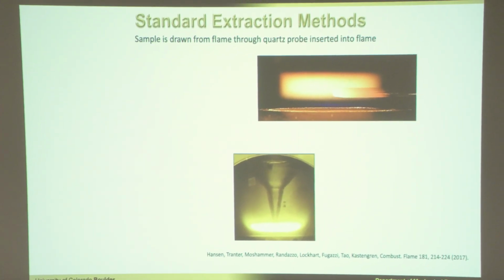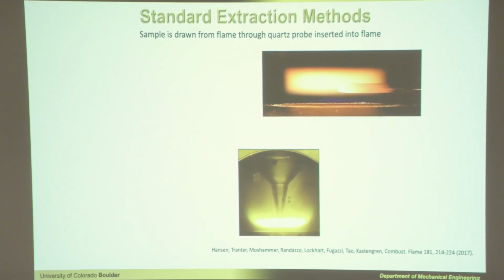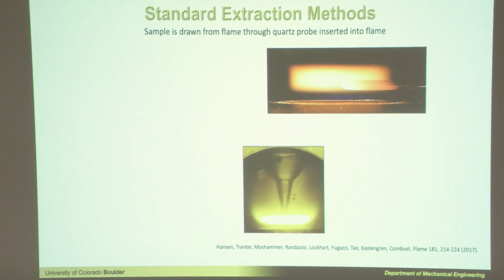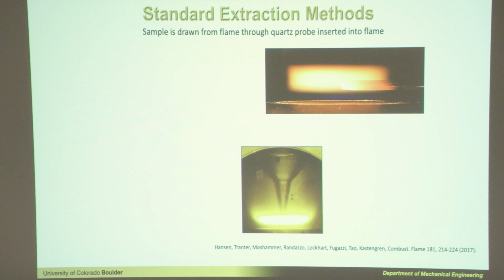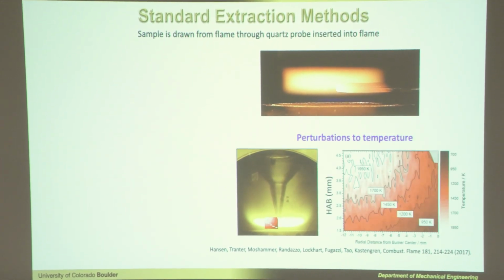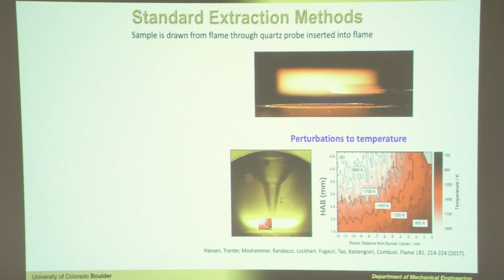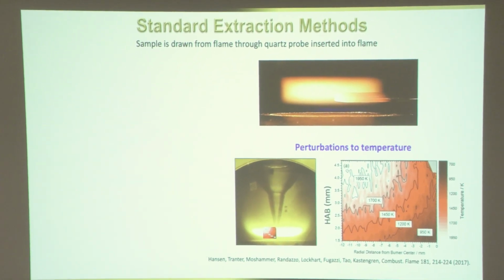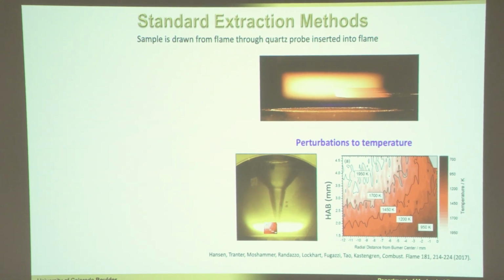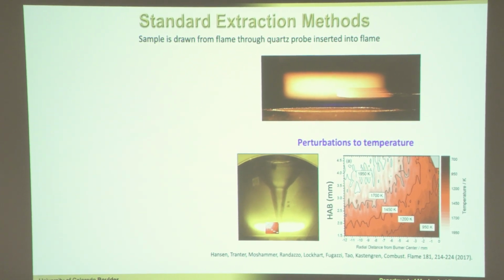Here's another way of probing. As I talked about at the very beginning, you stick a quartz tube into the flame. We do this all the time, and then you suck out of the flame. People have done measurements showing the change to the temperature.